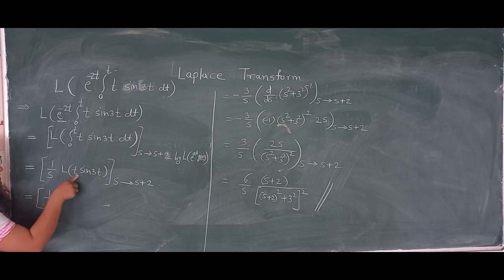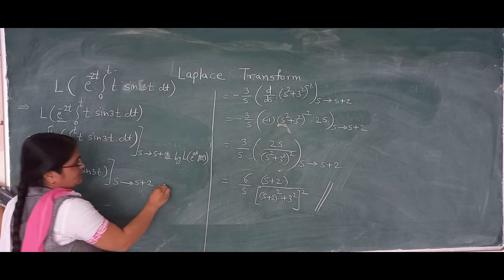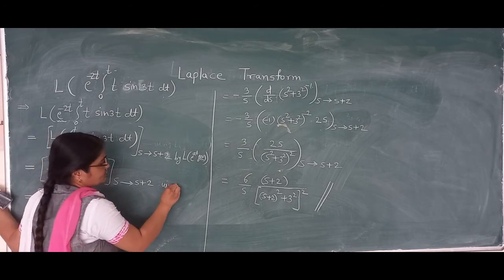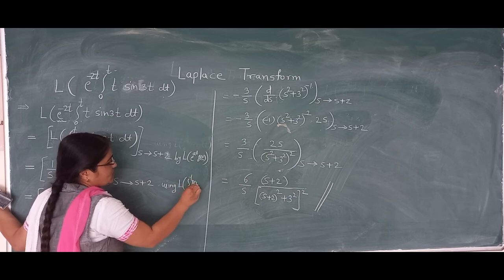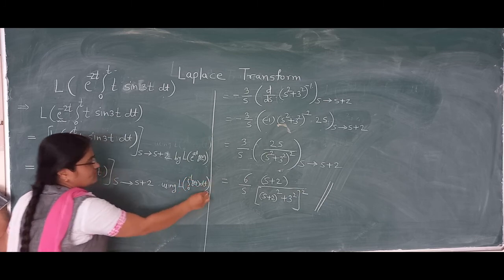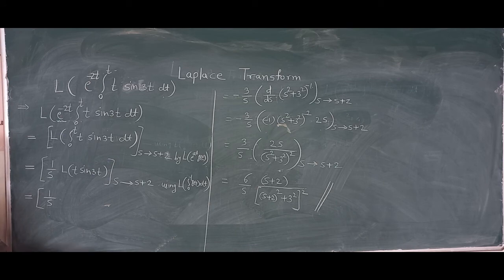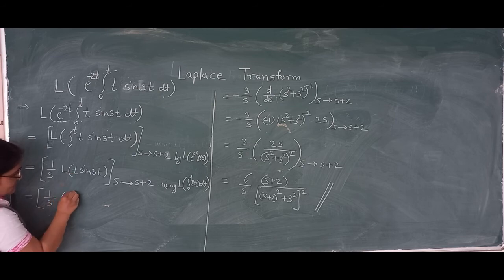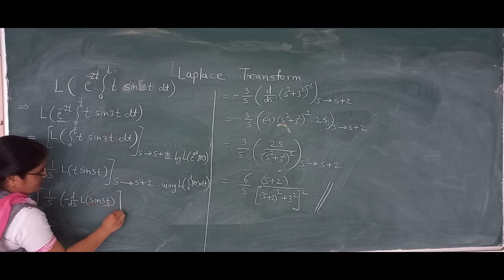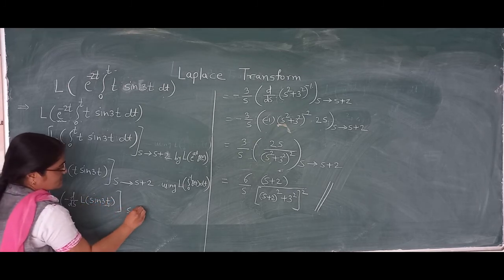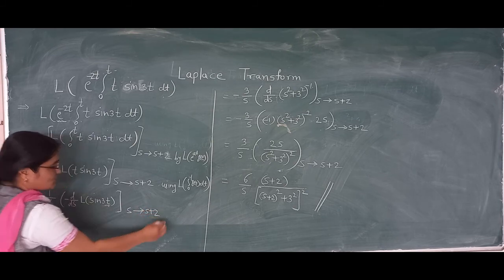Now multiply by t property here using Laplace of integration property. 1 by s, for this t it is minus d/ds, Laplace of sine 3t, where s is shifted by s plus 2.